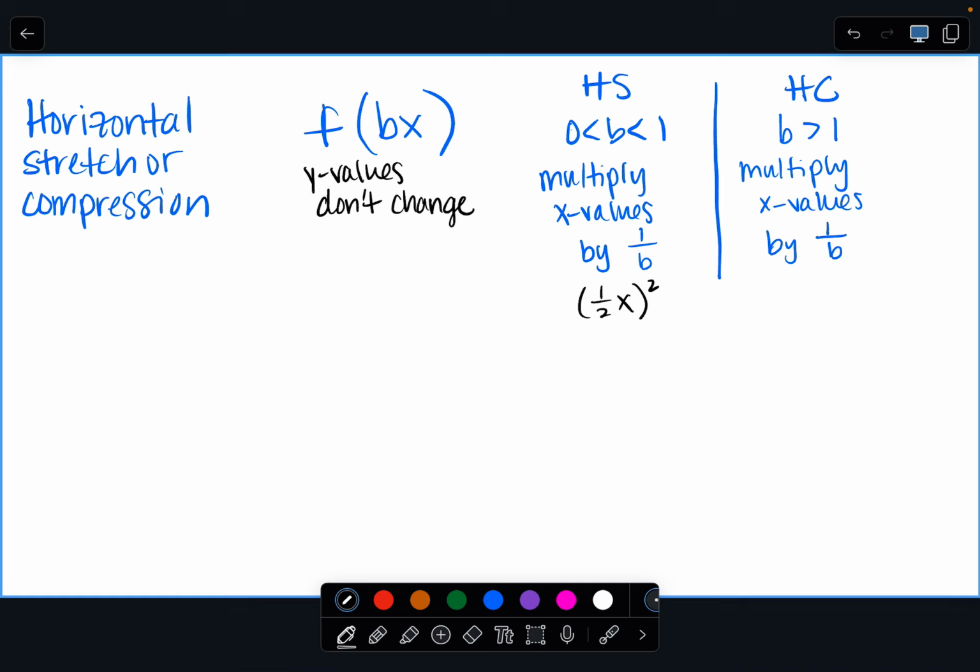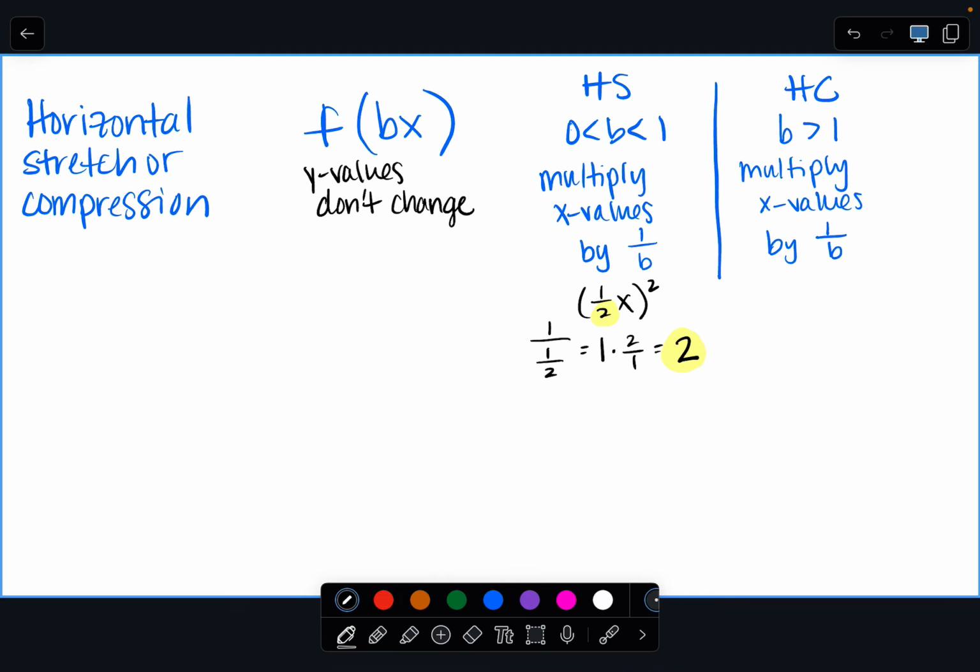However, when I go to apply it and I do 1 over 1/2, very long ago, you probably did it in Algebra 1, whenever you divide a fraction by a fraction, you do something called keep, change, flip. So actually what we're multiplying by is the denominator too. I'm telling you this because I don't want us to have to do this every single time, but when we do a horizontal stretch, all we're doing is multiplying by the denominator. And so when we write this out, we say horizontal stretch 2.